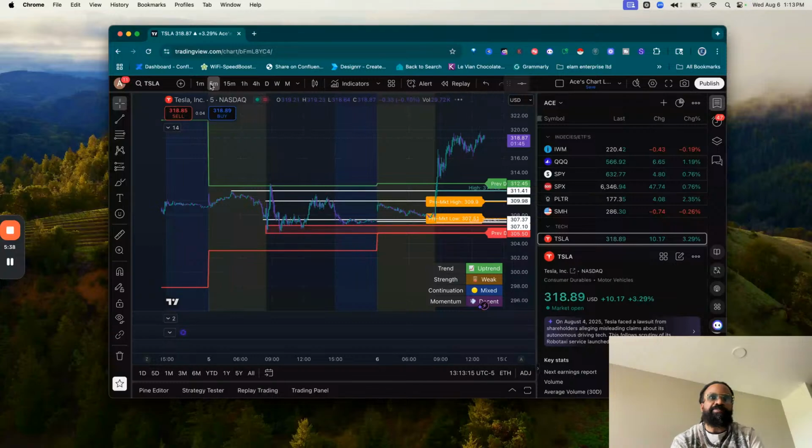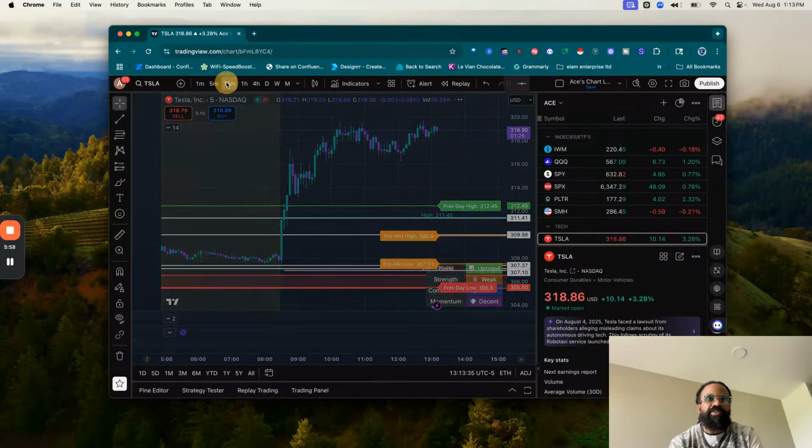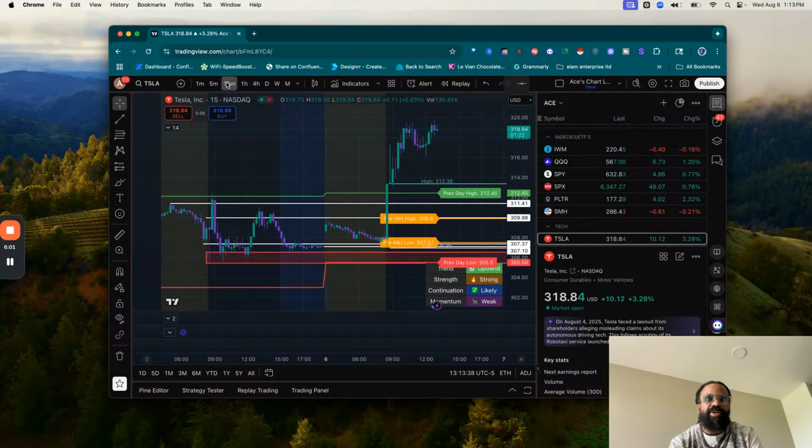Give me just a moment. Okay, so this isn't bad. Yeah, we've got a setup here on the 5 and the 15 minute on the higher time frame, so we can actually look to take a trade for Tesla.